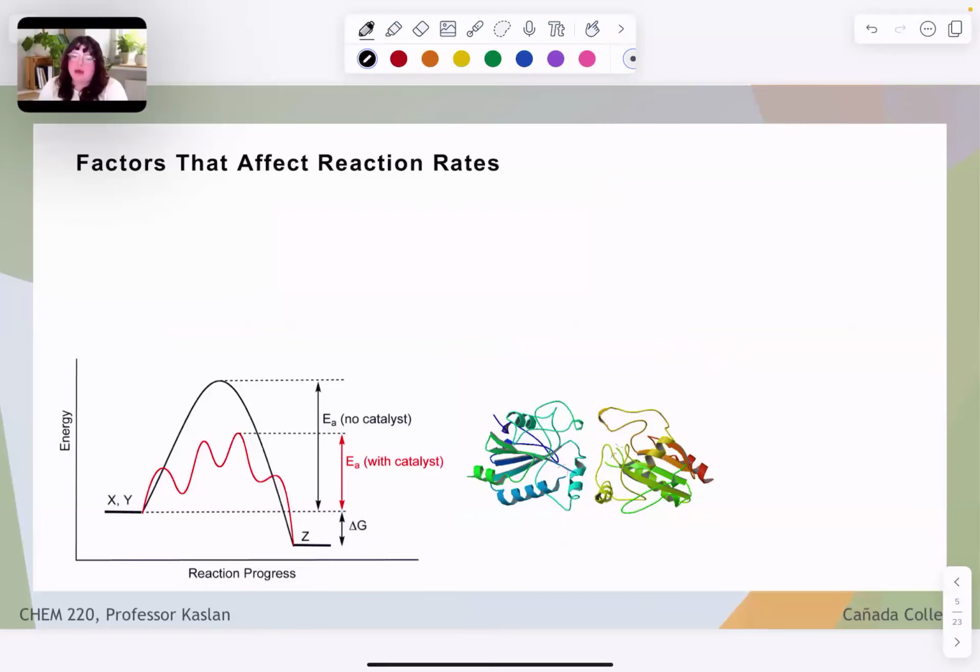Now that we've talked about what a rate of reaction is, and we understand that we're thinking about reaction as being collisions, let's talk about things that will affect or alter or augment the rate of reaction.